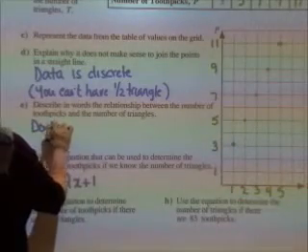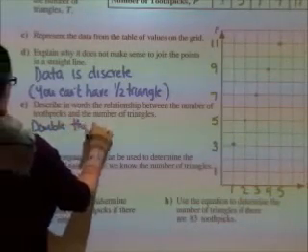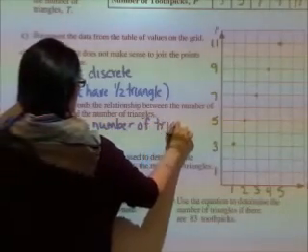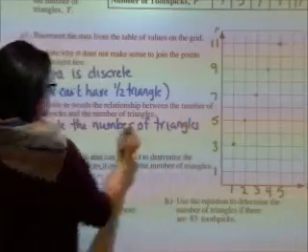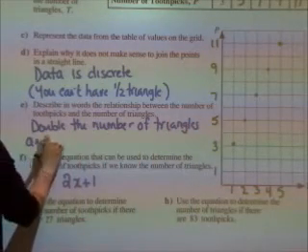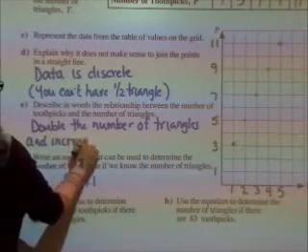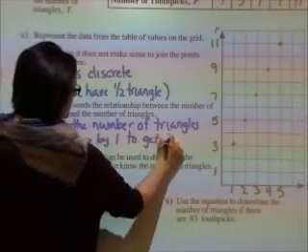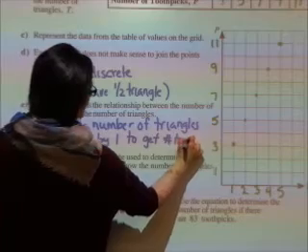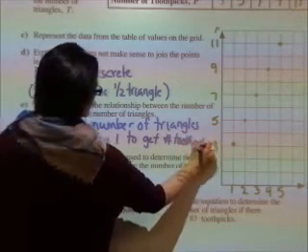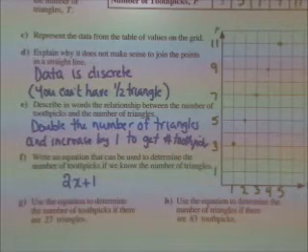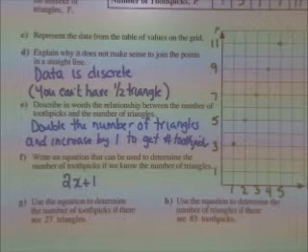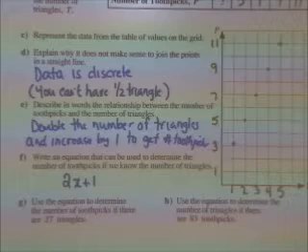So double the number of triangles and increase by 1 to get the number of toothpicks. So 4 triangles, I double it, I get 8, increase by 1, I get 9 toothpicks.